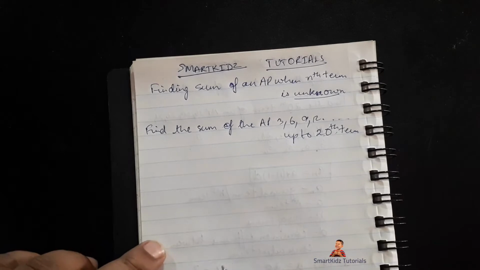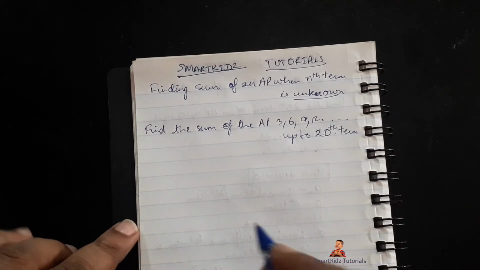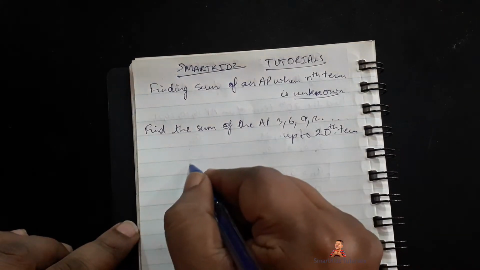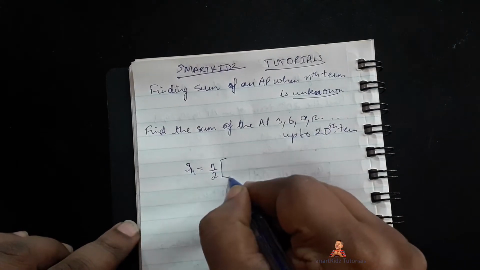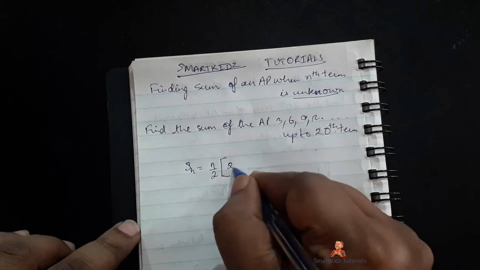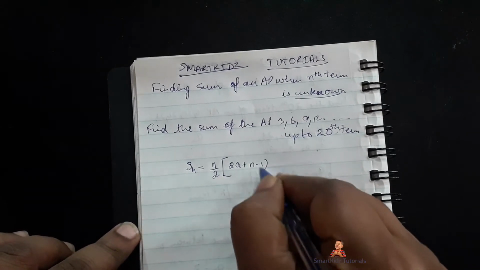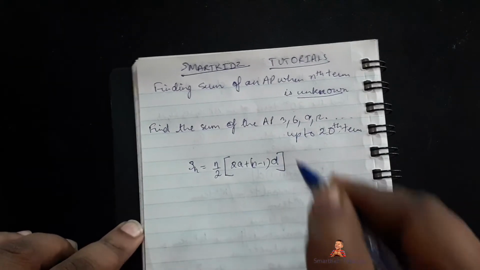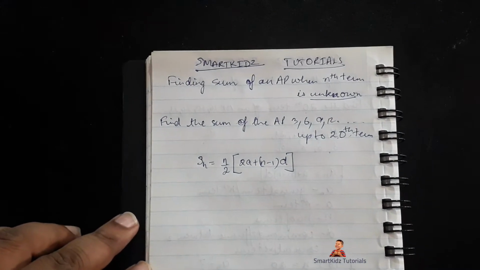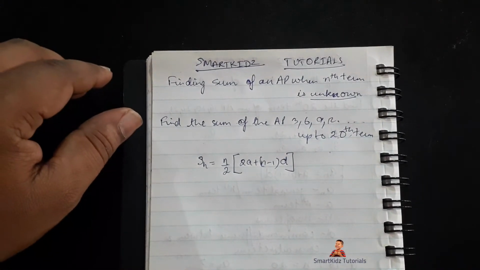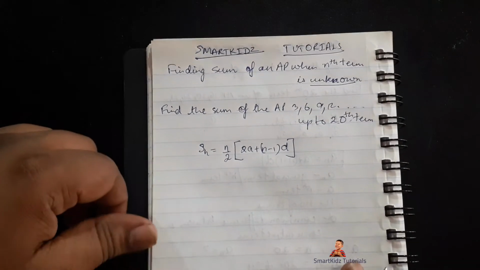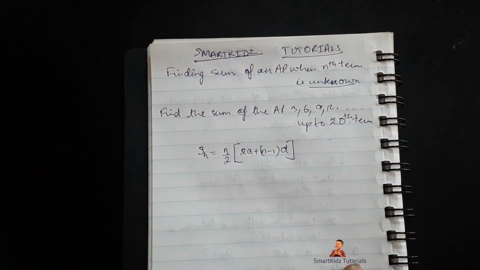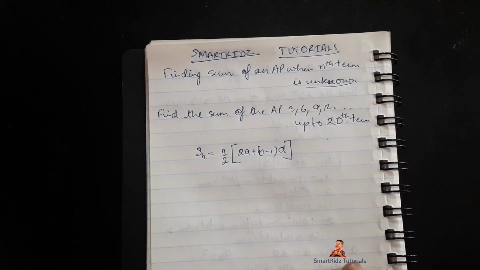So in this case we have a formula, and that formula is this: Sn equals n upon 2, the whole thing multiplied by, in brackets, 2a plus n minus 1 into d. Put this entire thing in the bracket. Okay. Next what we do is we list down what Sn, n, a and d stand for.